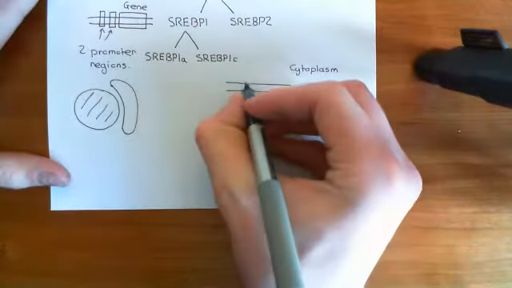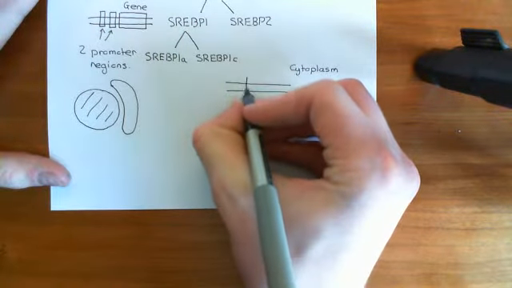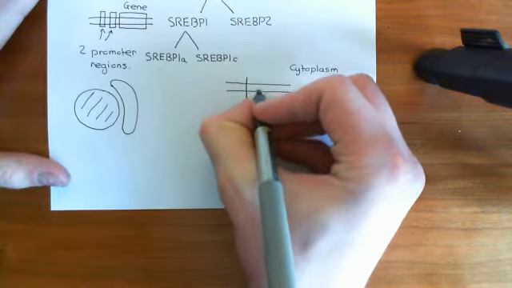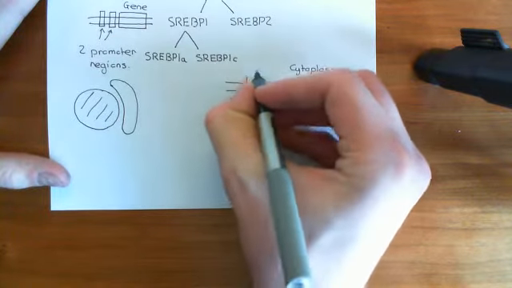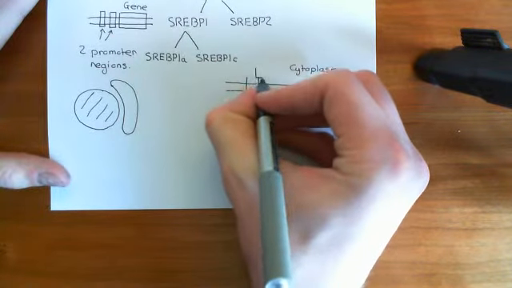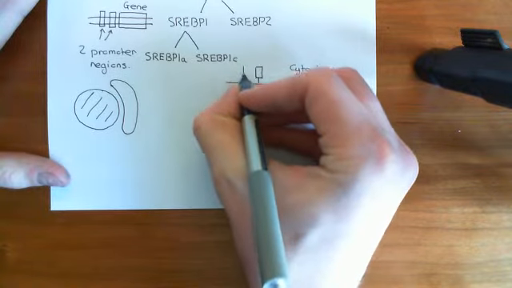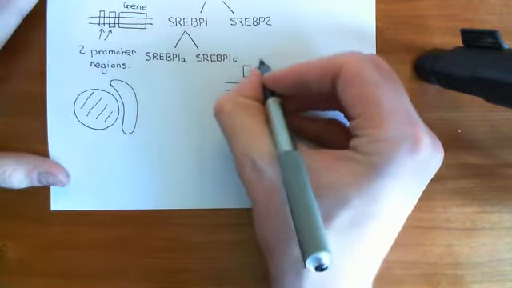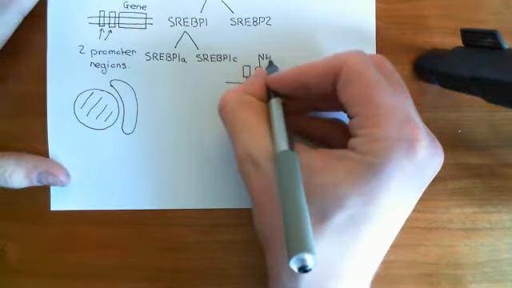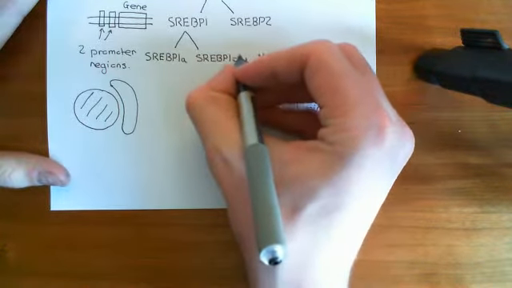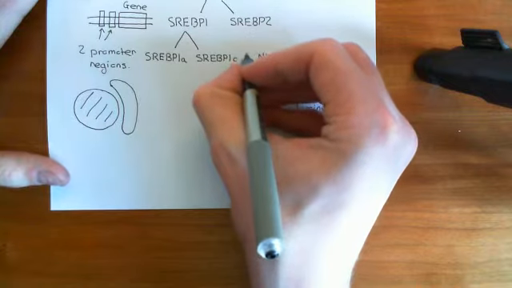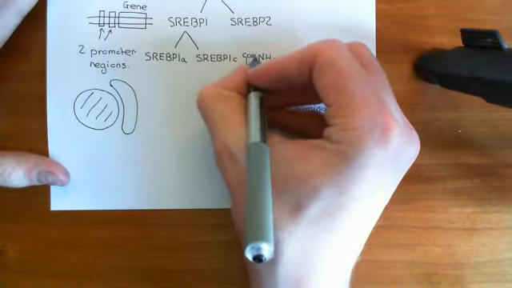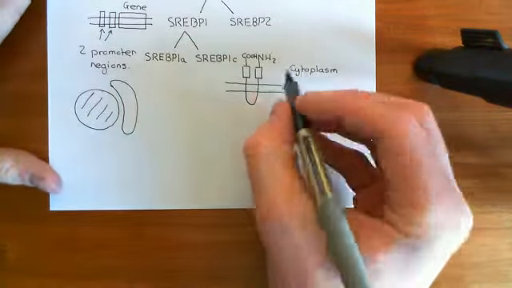Basically the structure of these sterol regulatory element binding proteins is that they have 2 membrane-spanning alpha helices, and then they have 2 important domains in the cytoplasmic portion. This one is near the amino terminus, so here's the amino terminus of the protein, and then here is the carboxylic acid terminus, like so.